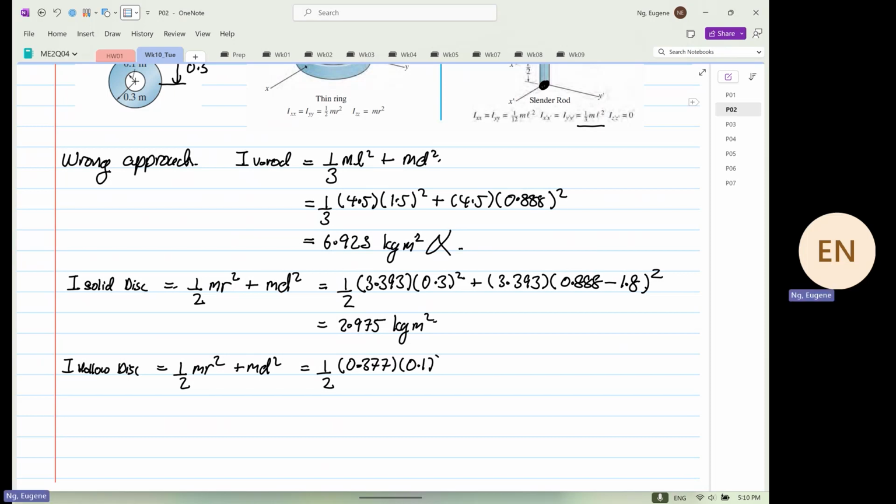The radius is 0.1 squared plus 0.377 multiplied by 0.888 minus 1.8, and this whole thing is squared. So this is equal to 0.888 minus 1.8 squared times 0.377 plus 0.5 times 0.377 times 0.1 times 0.1. I get 0.315.